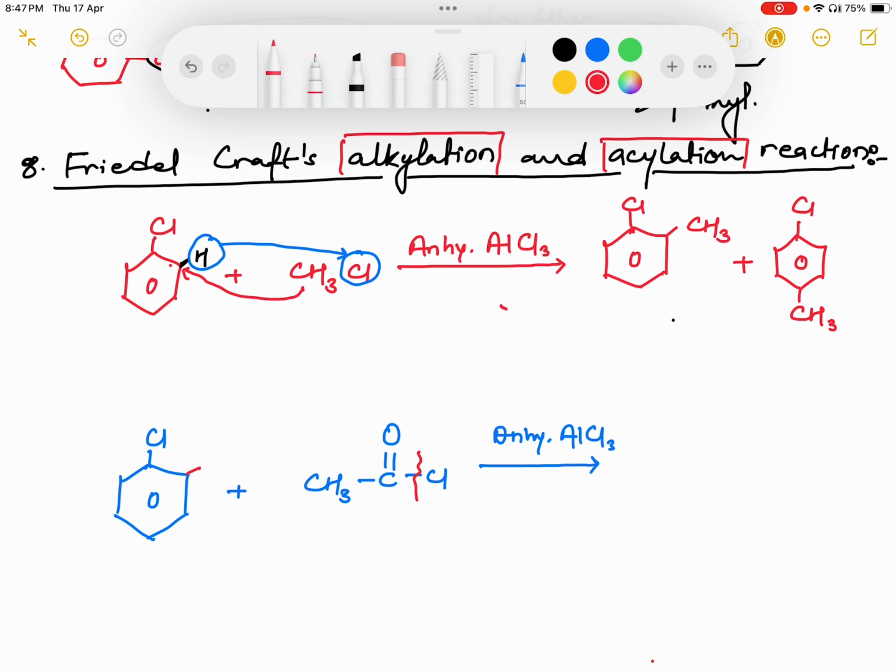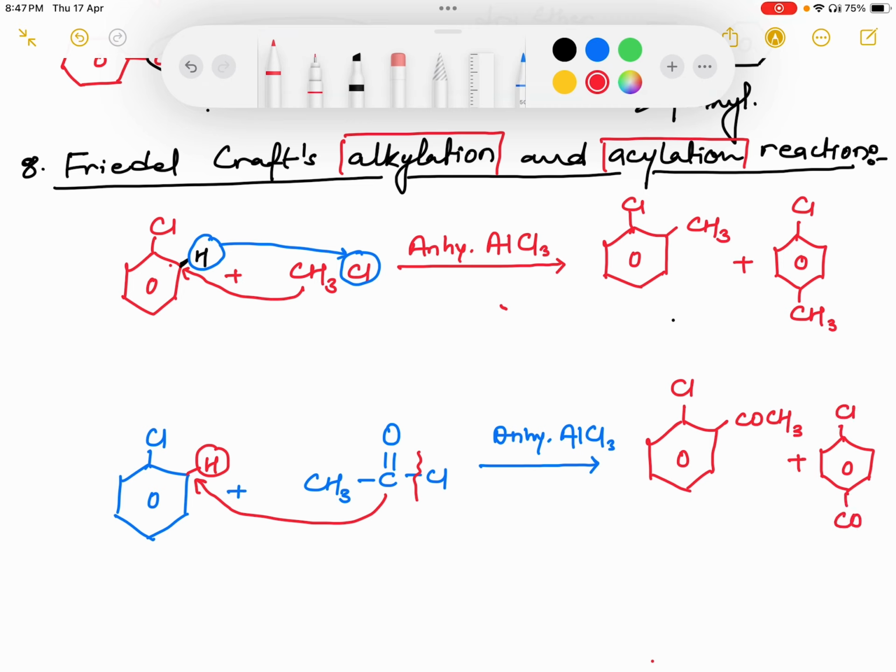The chlorine will take away the hydrogen, and this remaining part will move and attach at this point. That is, the product formed will be something like this. So we'll have Cl, which was already there, and here will be the attachment of COCH3. Or we can also make it like this: here you have Cl and here you have COCH3.